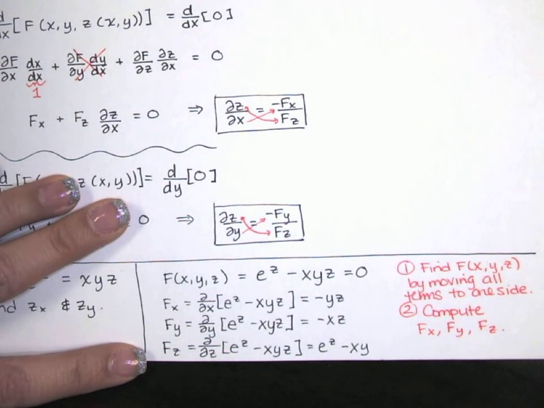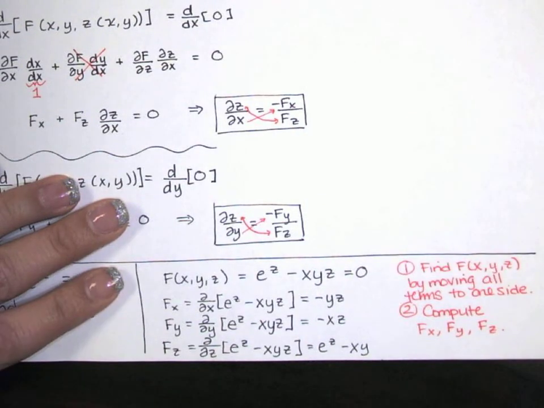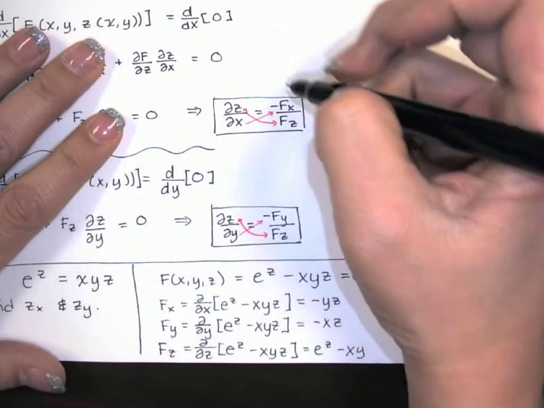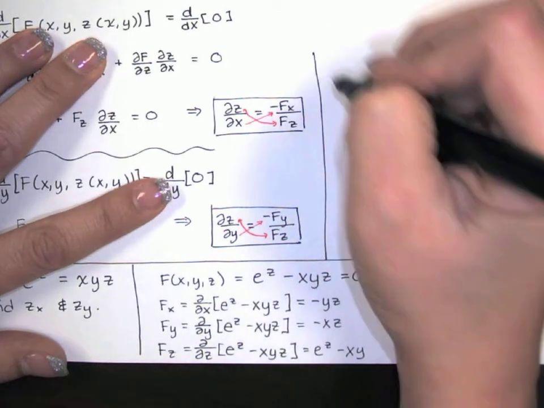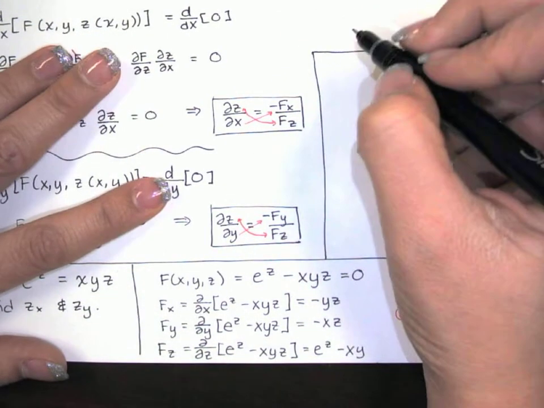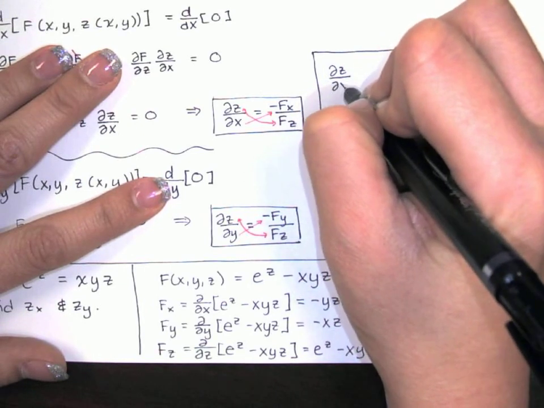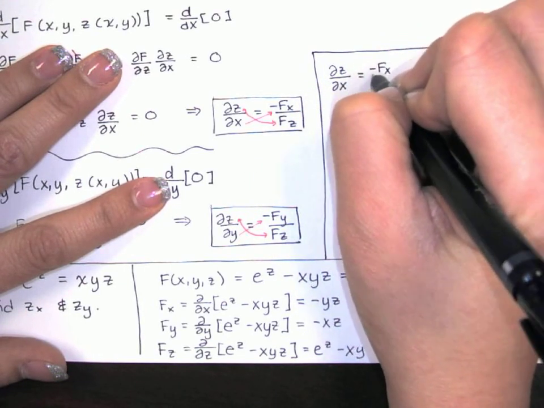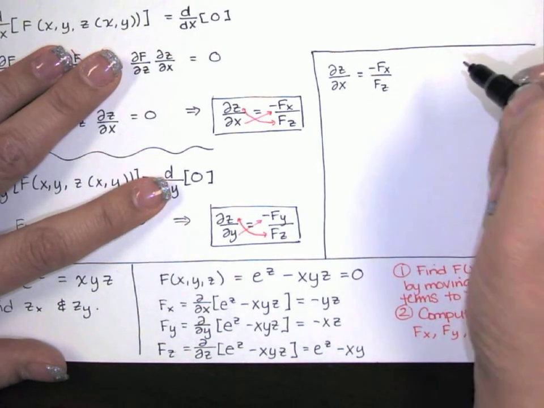All right, so we've computed those three partials, and we're going to substitute them into these formulas, and then we'll be done. And just to save some paper, I think I'm going to write my answer up here. So the partial of z with respect to x is the negative partial of f with respect to x over the partial of f with respect to z.